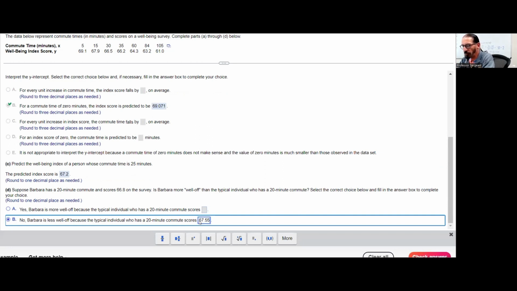We would have a negative residual in that case, and her point versus the point on the graph of the least squares regression line would be below it.